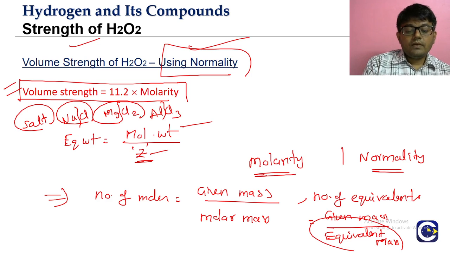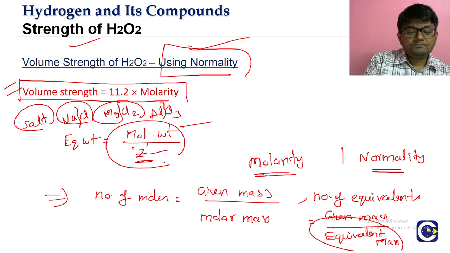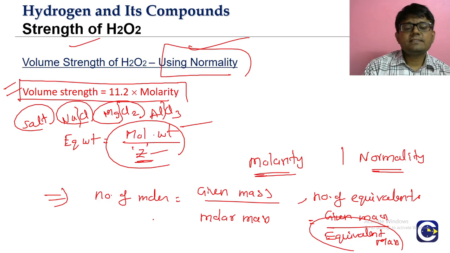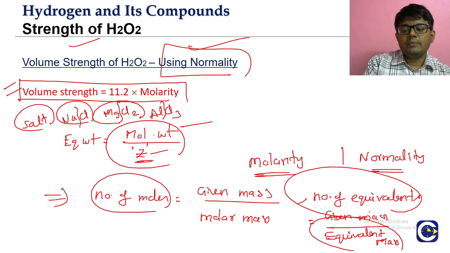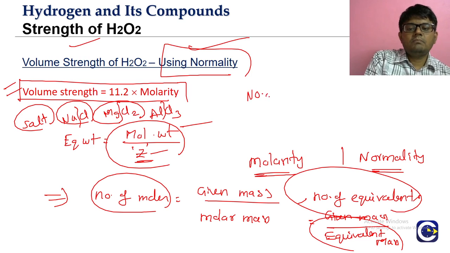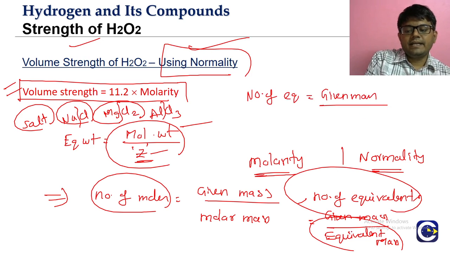Okay, now when we look at this relation, here what we will see is that the number of moles and number of equivalents, they both will be related. How? Look at this formula: number of equivalents is equal to given mass by equivalent weight, right? In place of equivalent weight or equivalent mass, we will substitute molecular weight by Z.